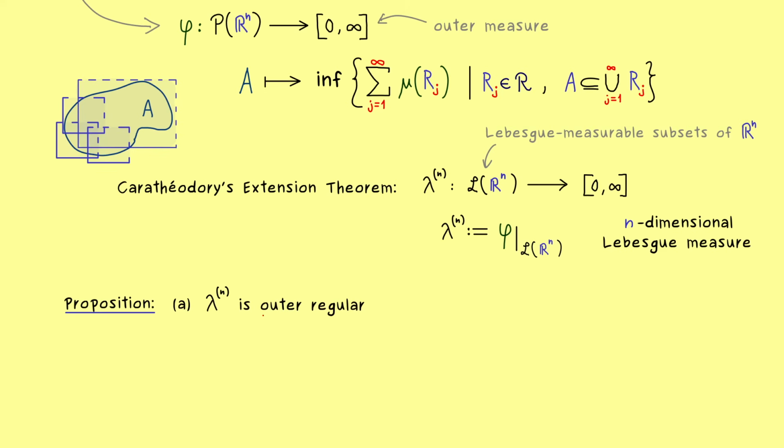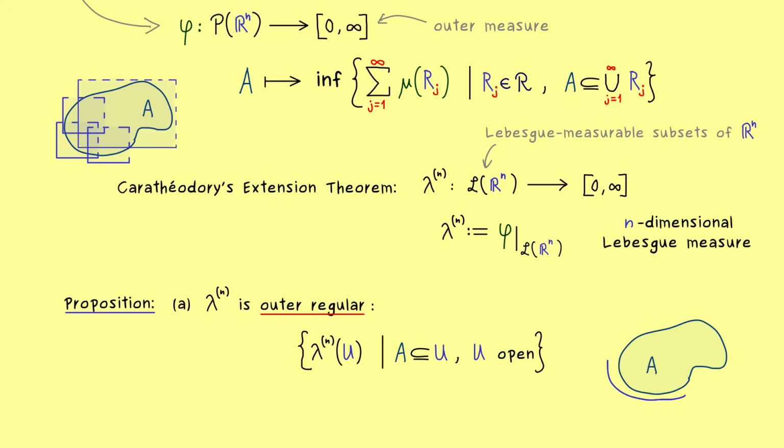This is called outer regular, because we want to cover this set with open sets, so we come from the outside. So let's say we start with a measurable set A, and now we take an open set U which is a superset of A. This is definitely always possible, and then we can take the Lebesgue measure of our open set U. And then as before, we have a whole set of possible values.